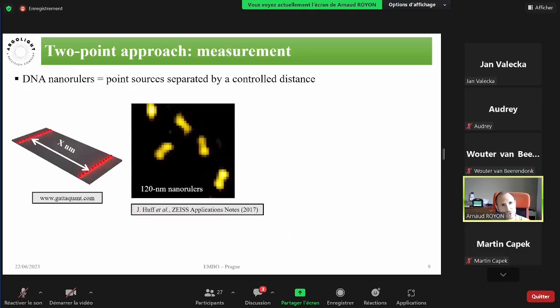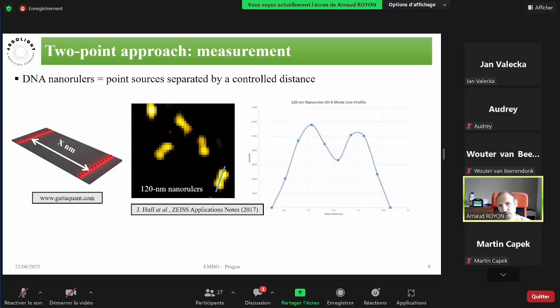How do we measure the resolution within the two-point approach? Well, we can use DNA nanorulers that are actually point sources separated by a controlled distance. So we image those nanorulers. Here's an example of nanorulers imaged with the Airyscan microscope from Zeiss. Here, the nanorulers are 120 nanometers.